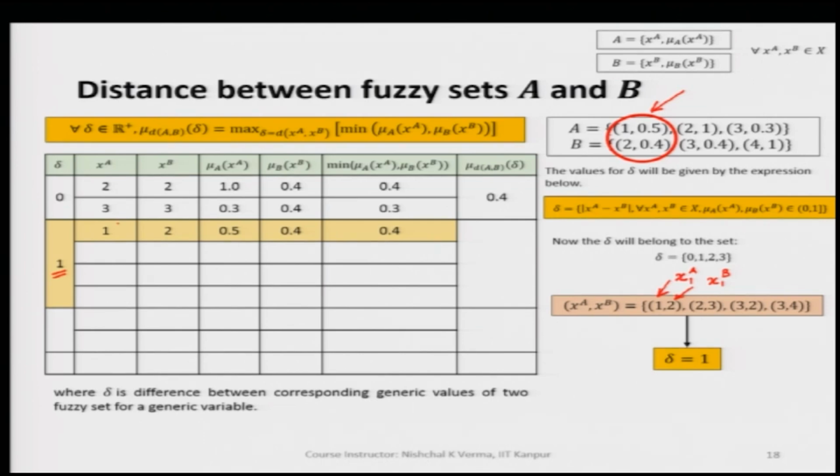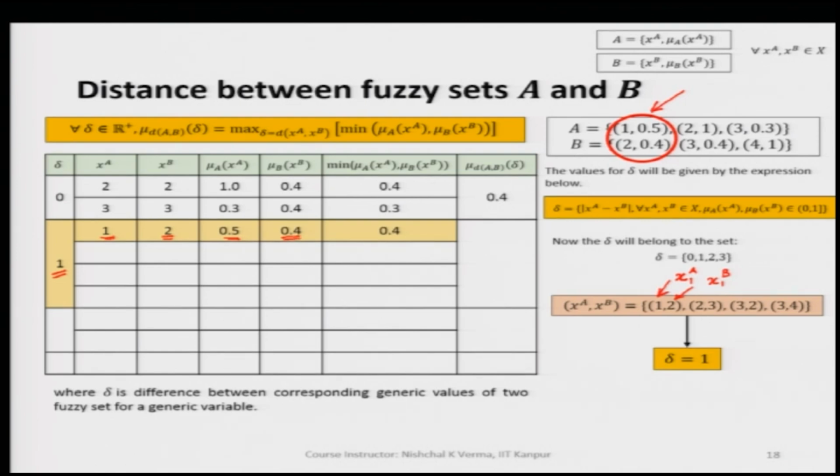Now, in the second column, which is x A, we enter 1, and for x B we enter 2. From the discrete fuzzy set given, we have 0.5 with respect to the generic variable value x A. So we get 0.5, and then we enter mu B of x B, which is 0.4.